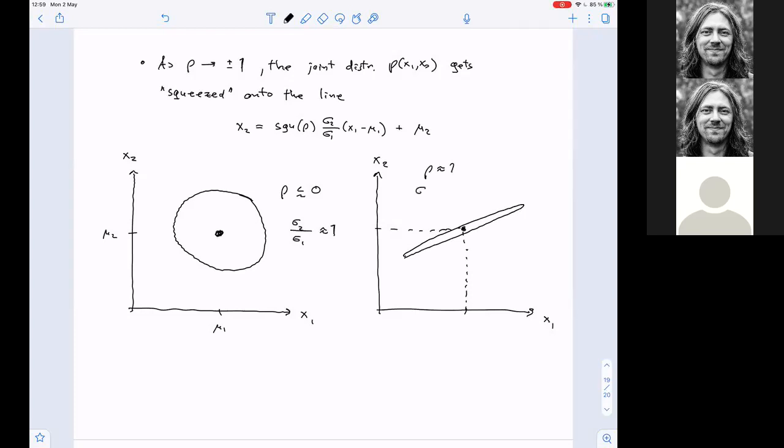And in this case, the slope is less than +1. So that's the intuition of how, at least in the 2D case, the covariances here are parameterized in terms of the correlation coefficient, and the individual variances set the shape of the distribution.